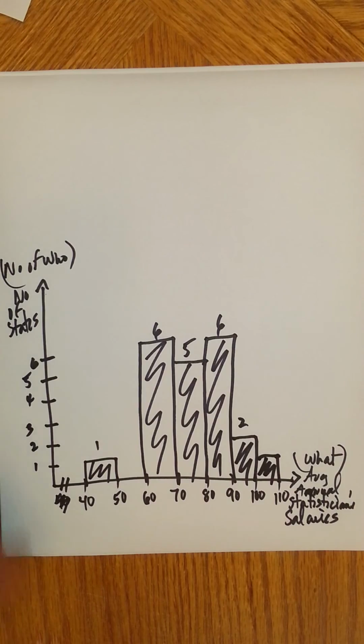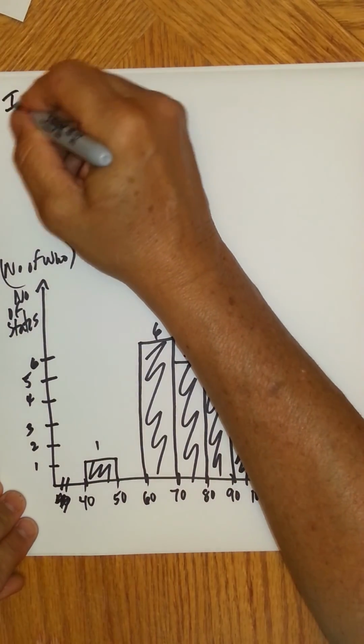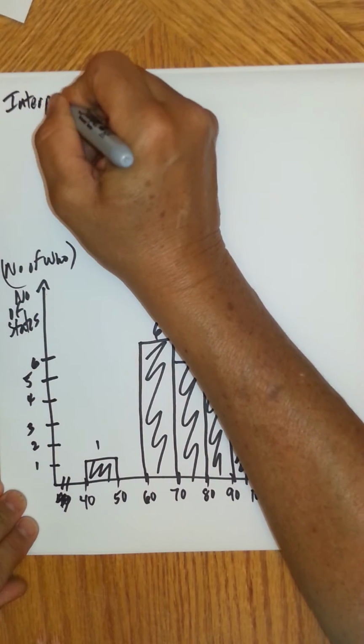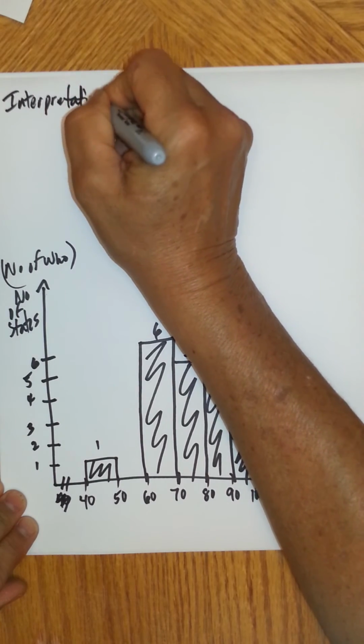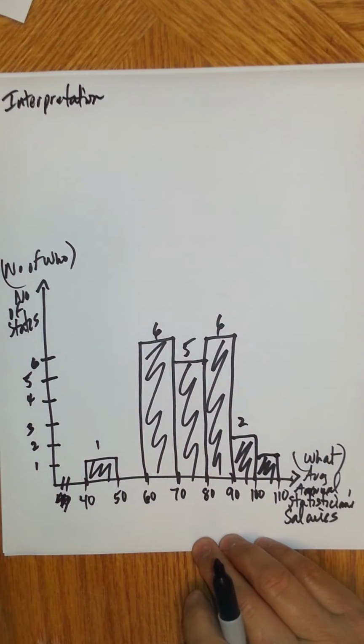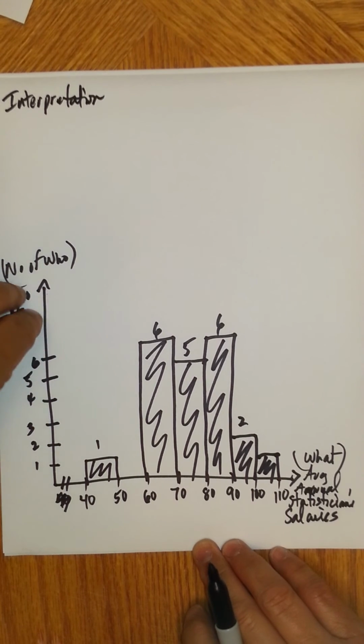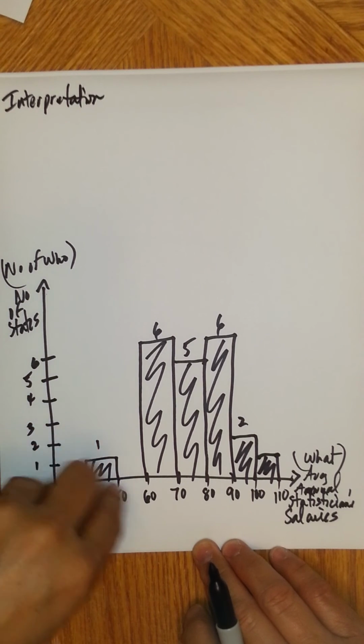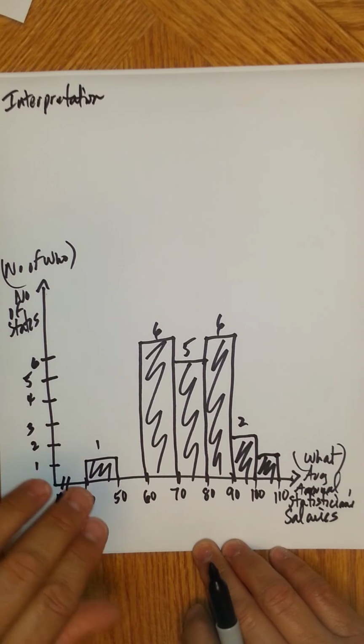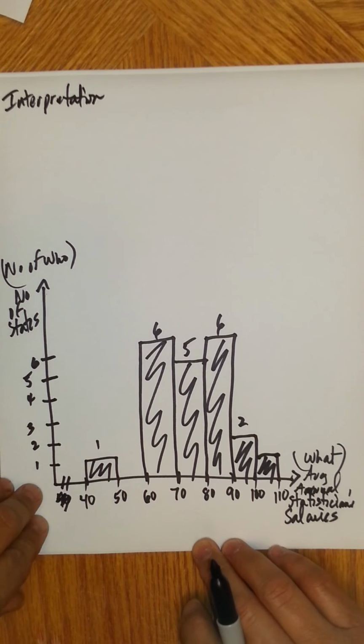Let me go ahead and touch on interpretation. So essentially we're going to say these many states, there were these many states that had an average annual salary for statisticians between this and this. So let's take this one here.